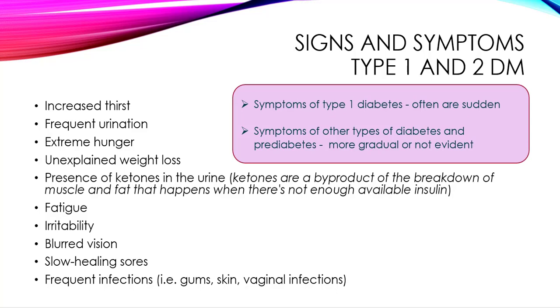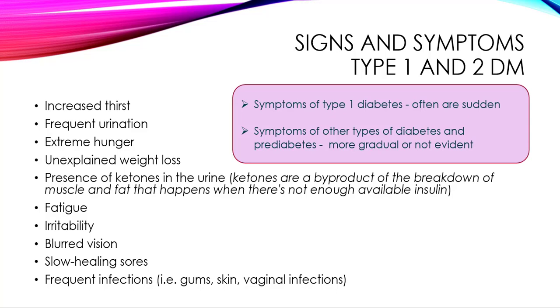But if the body is not using glucose for energy, because it can't, the body will try to look for another source of energy. The body will start breaking down muscle and fat to use as energy. And when that happens, the byproduct of that breakdown is ketones, which are then found in the urine.